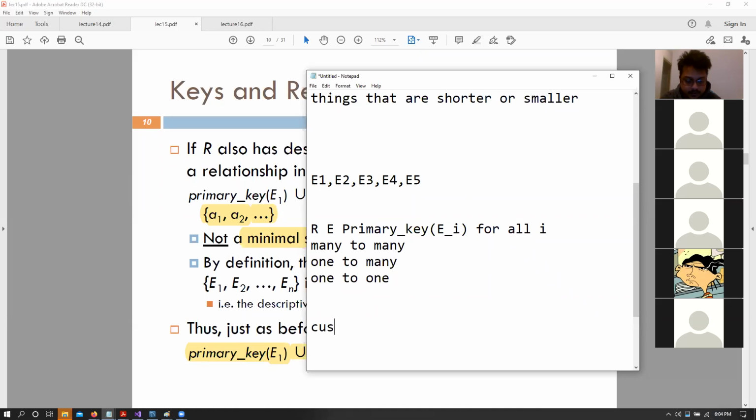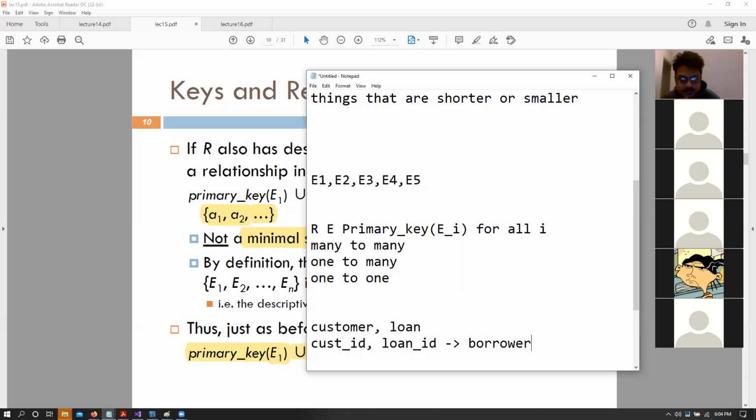So let's say that I have a customer, I have a loan, and both customer ID and loan ID are primary keys that are also part of that borrower table. Is this a many-to-many or a one-to-one or a one-to-many or a many-to-one?